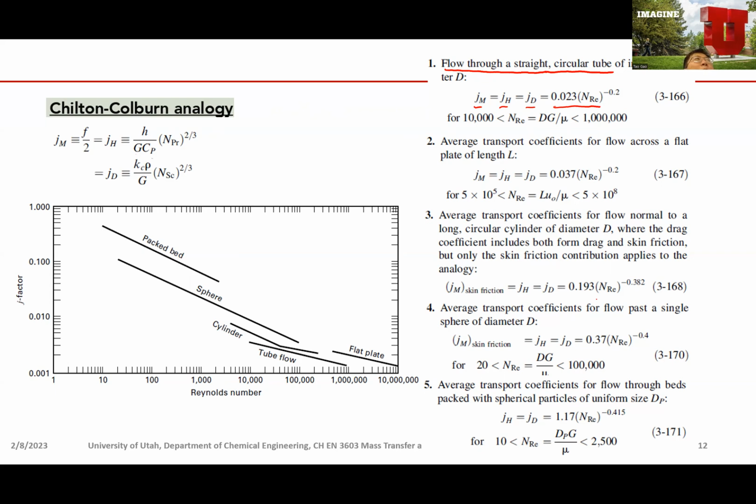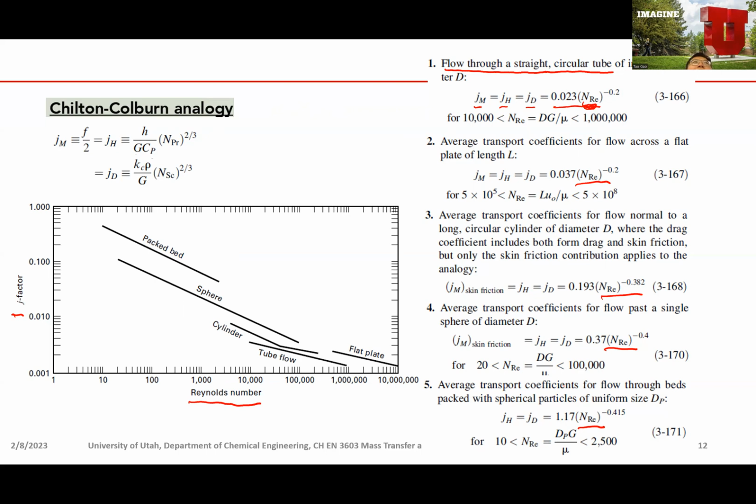But overall, we can make a plot in which we plot the J factor with respect to Reynolds number on a log plot, right? And then all these power-law dependences become a straight line on this plot. So when you solve the problems, you can always first specify the flow condition, right?